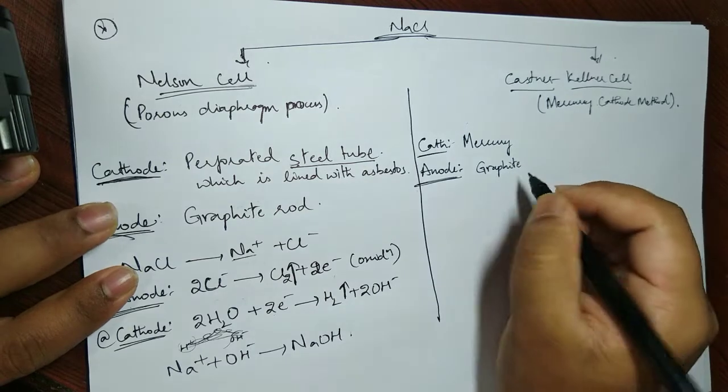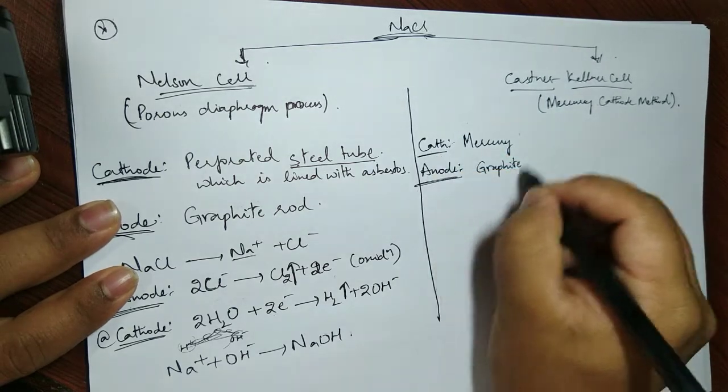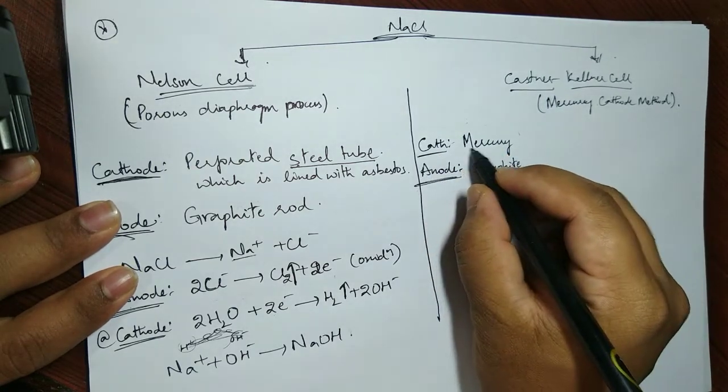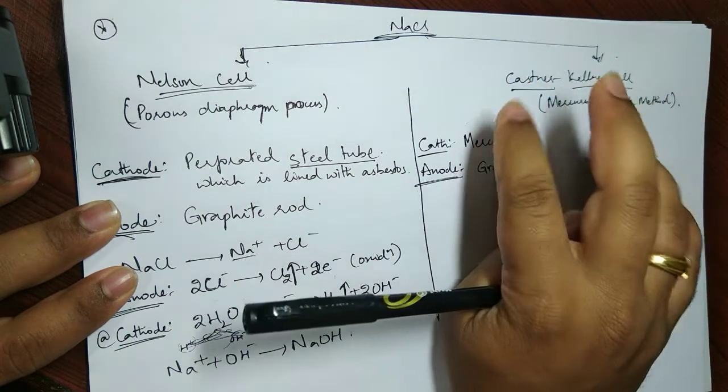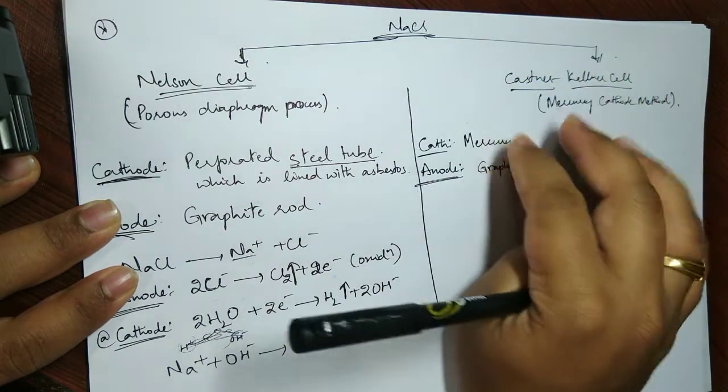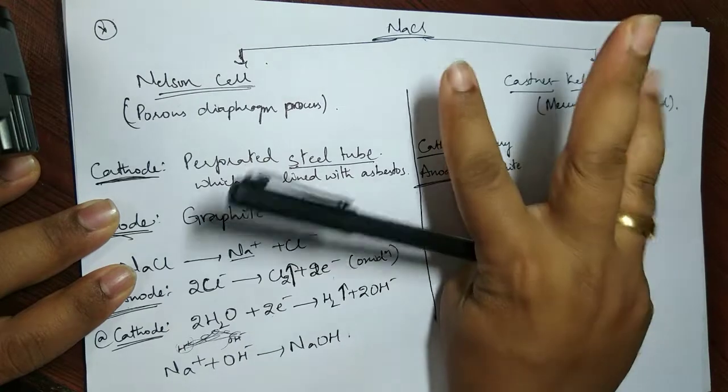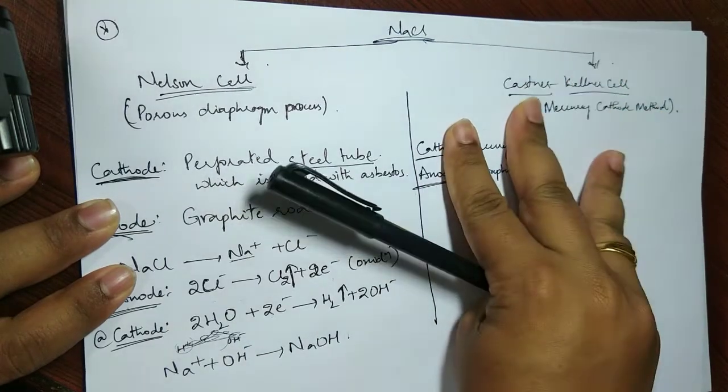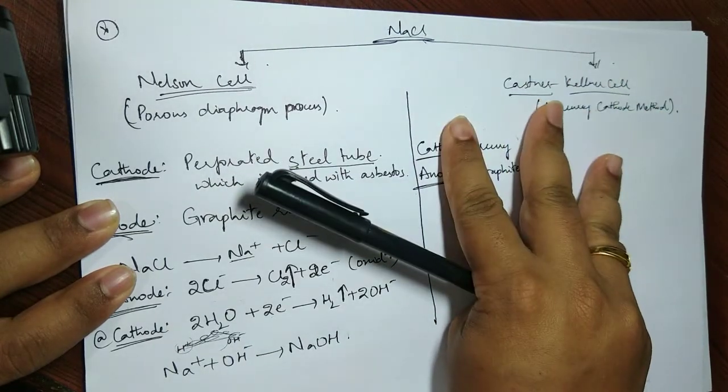Very important: mercury acts as cathode and graphite acts as anode. The big reactor or tank, the cell, contains 3 compartments. Compartment 1, 2, 3. I'll show that in a while.